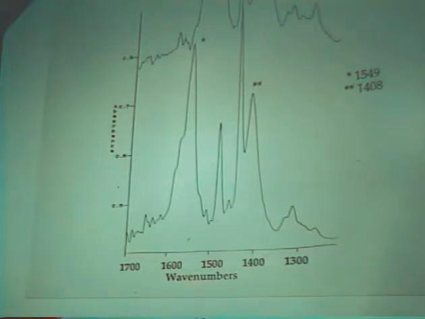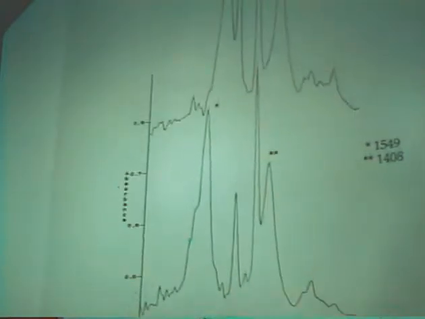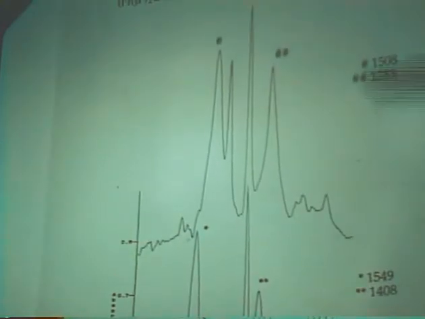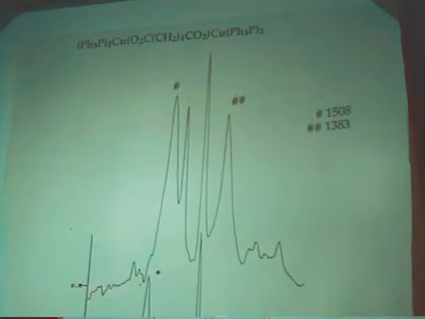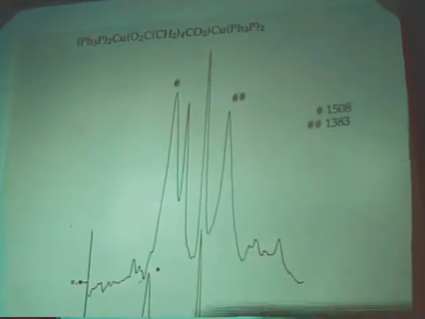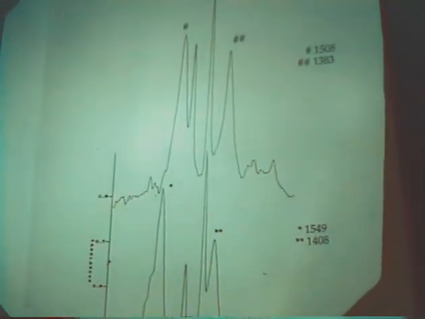So it's getting fairly close to that 164 for an acetate, because an adipate has a similar ionic value. And similarly, if you now make this with carbon-13, you see those bands shift. So one can unambiguously assign the symmetric and asymmetric with carbon-13 labeling studies.